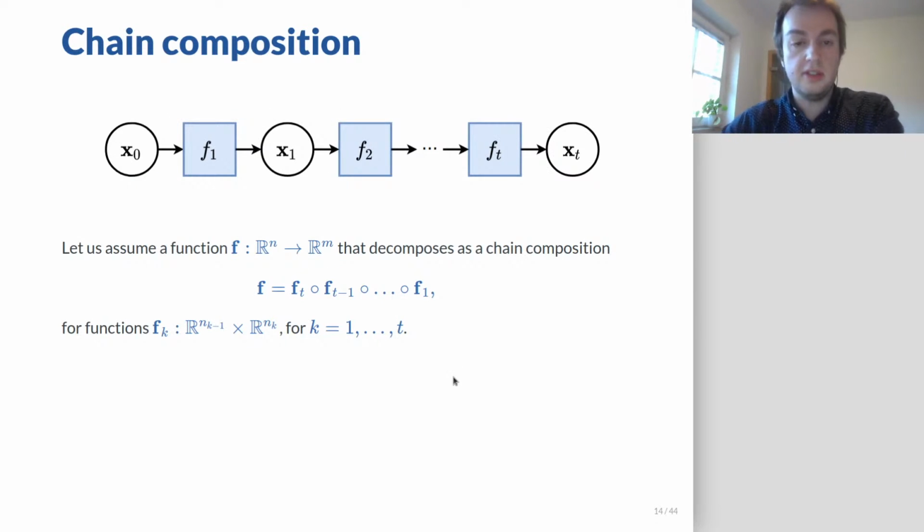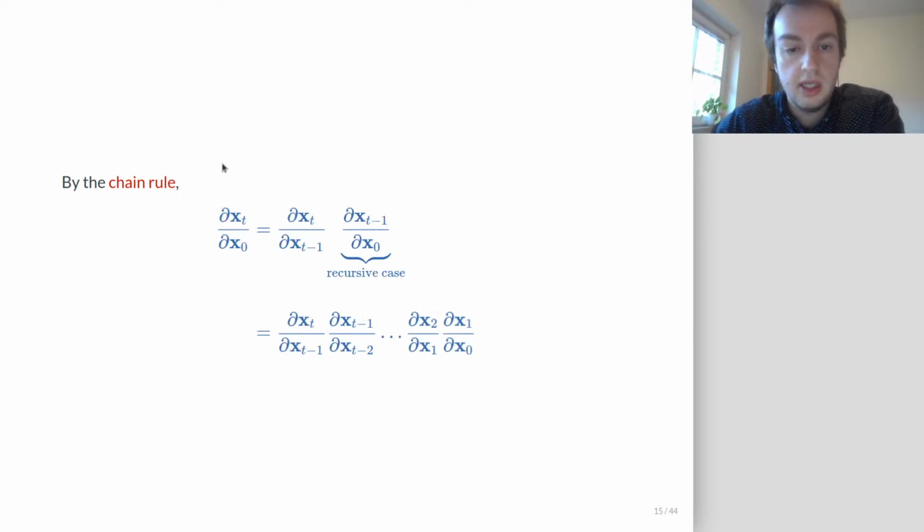A quantity that we'll try to estimate is in particular the Jacobian of xt with respect to x0. This is in the general case what we'll try to derive. And that Jacobian matrix we can express by using the chain rule.